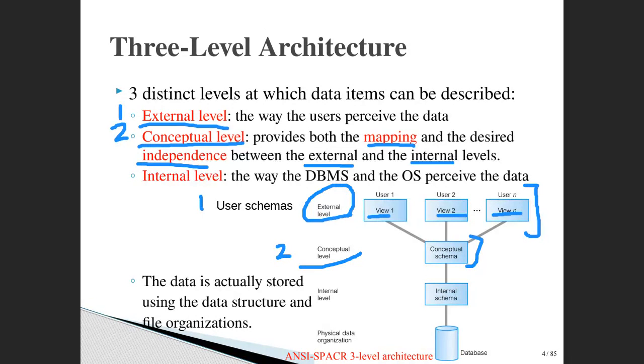So in the user schemas, or external level, we can call it, it will provide data about the real world. There might be entities like what you have mentioned, Qasim. You have mentioned ID number, for example.